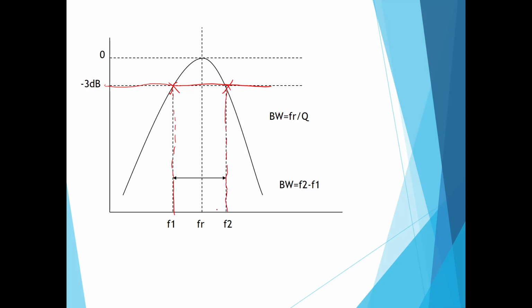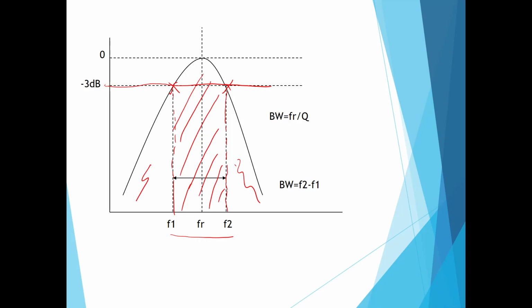For your information, ideally we want a filter that has a very sharp cut-off frequency. Ideally we want the filter to select only this range from F1 to F2 and we can remove the others.